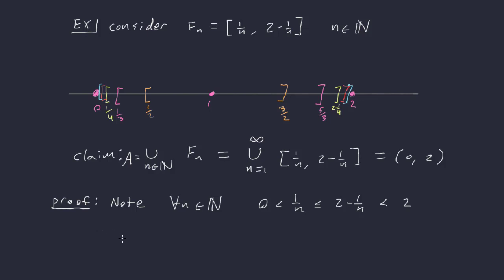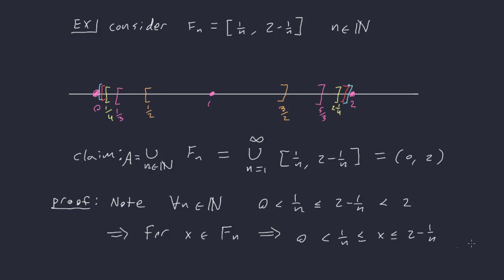So this implies that for x in f sub n, our x will be trapped between 1 over n and 2 minus 1 over n, with less than or equal to.